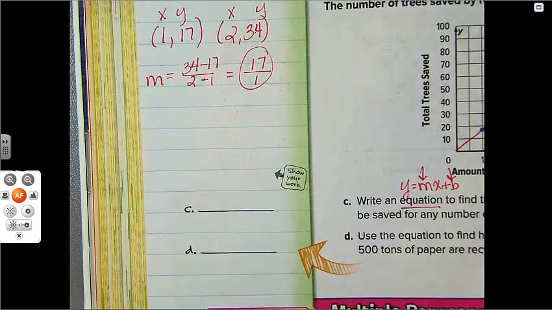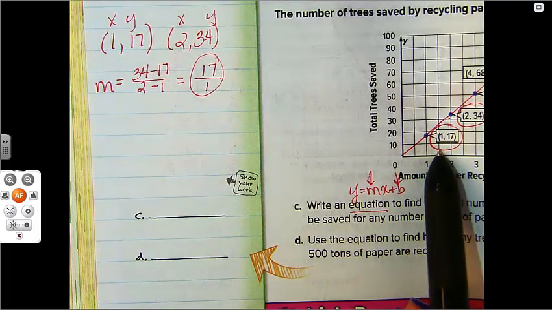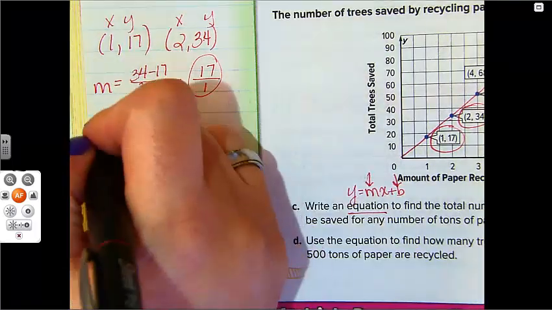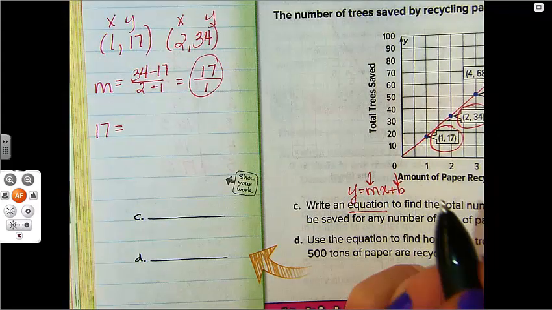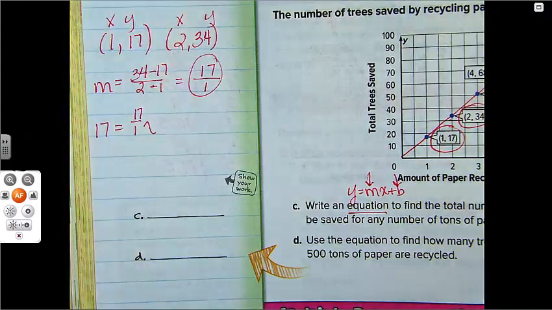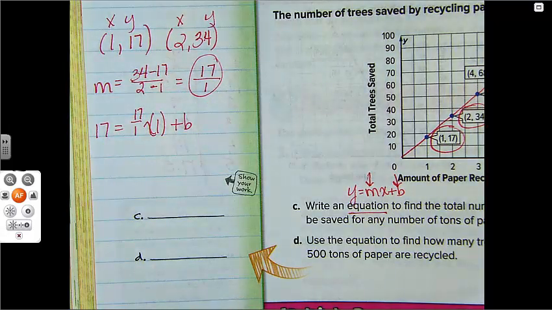Let's use that same 1, 17, the very first coordinate on my graph. I know that my y is 17. I know that my m is 17 over 1, or 17. I know my x is 1, so now I have to solve for my b.